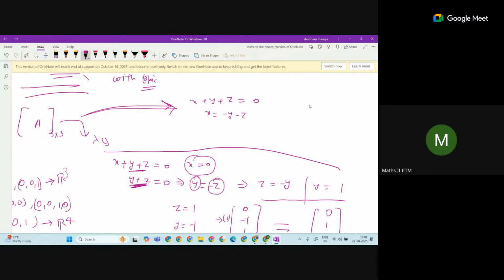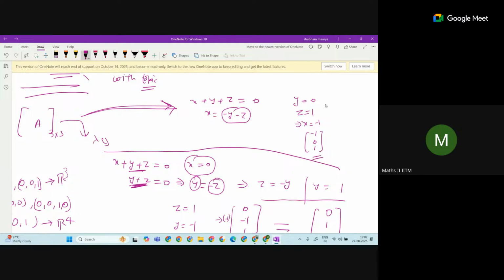It means you have two independent variables. So in that case, you can give y as 0 and z as one value. So by that way x is equal to minus 1. So here is minus 1, 0, and 1.